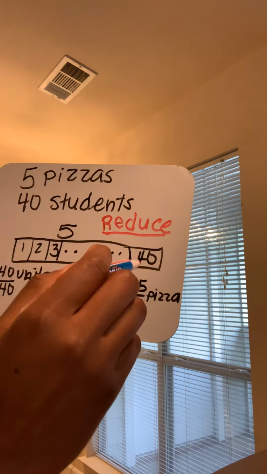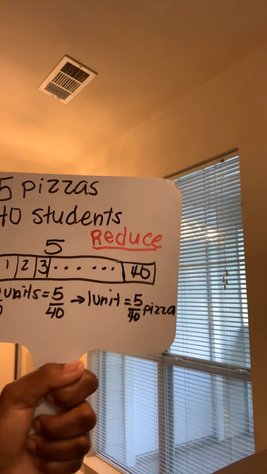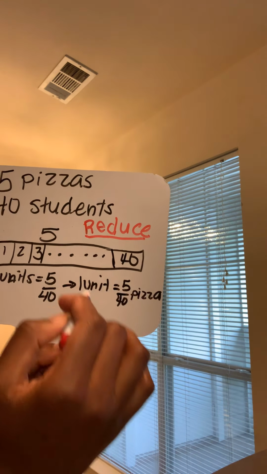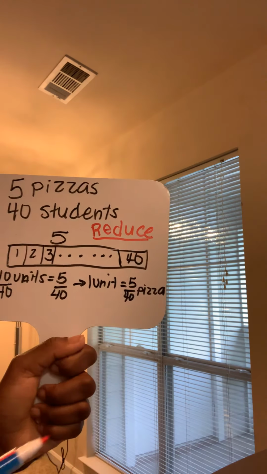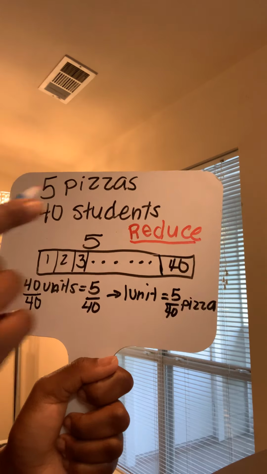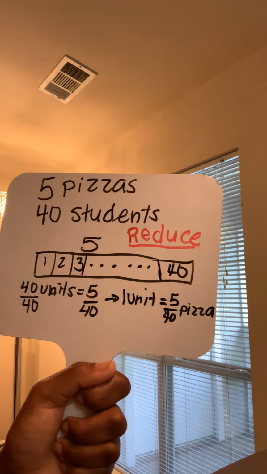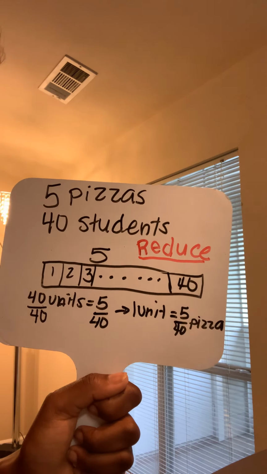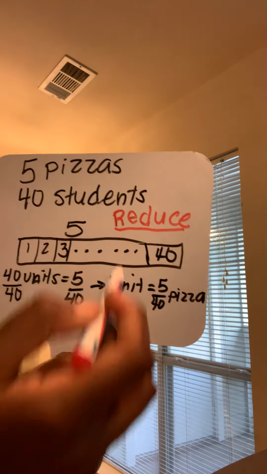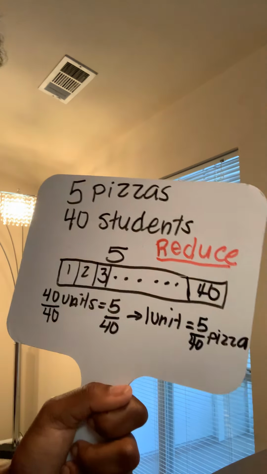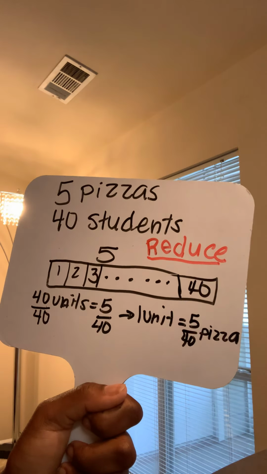But if we look at the next number up, 2, can 5 be divided by 2? No. So we've got to find a number that can divide both 5 and 40 evenly. Okay, so we know that 5 can't be divided by 2. When we look at 3, 5 cannot be divided by 3, so that's not going to work. When we look at 4, 4 isn't divisible by 5 either.